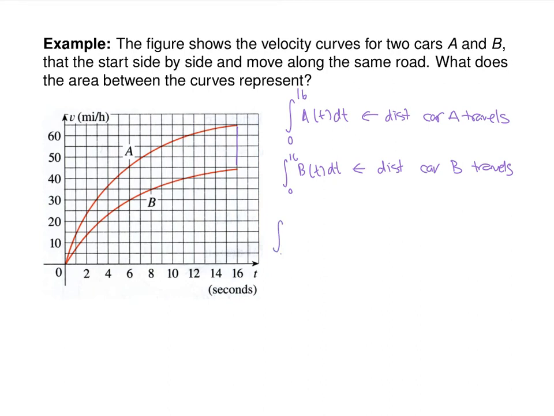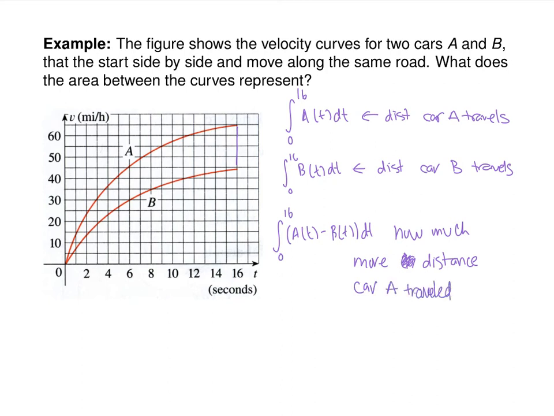And so the integral from 0 to 16 of A of t minus B of t is how much more distance car A covered. Or you could say it's how far ahead car A is of car B.